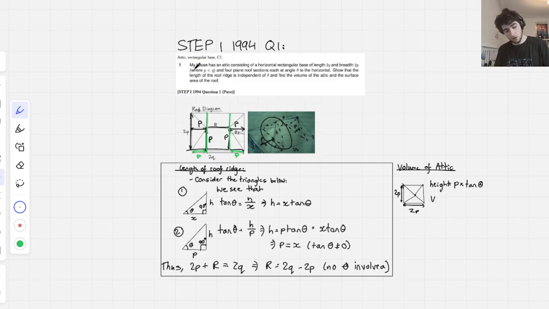So for those of you that don't know, the volume of a square-based pyramid is going to be a third times the area of the base times the height, right?